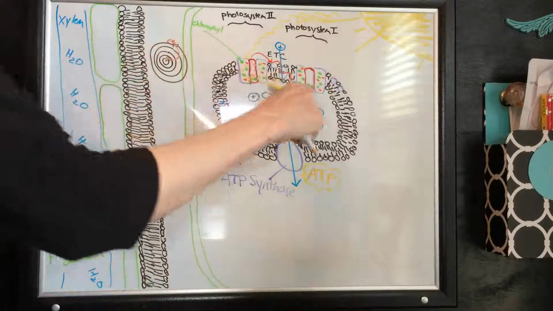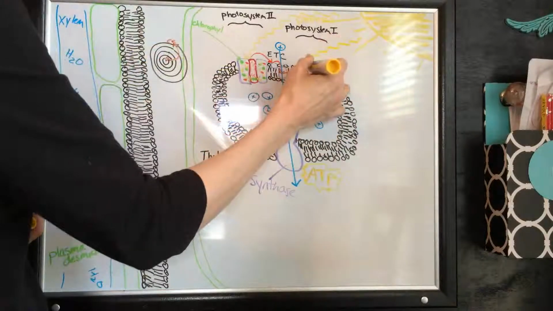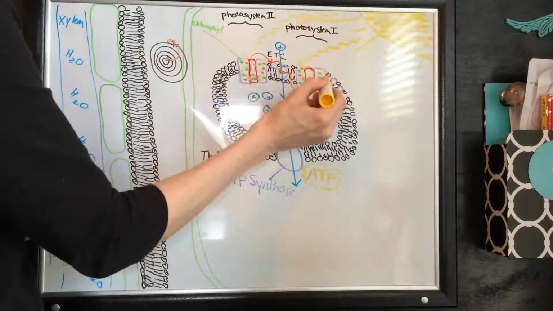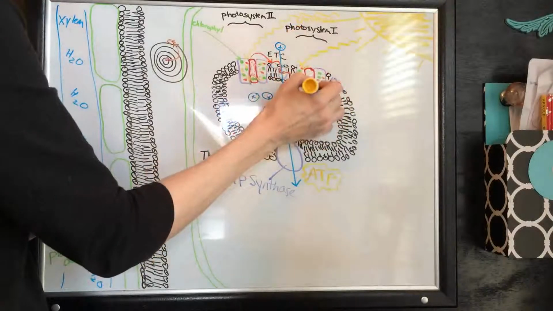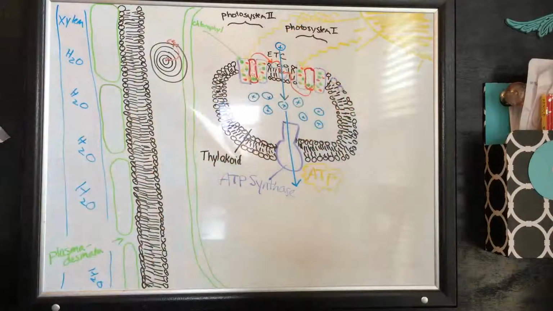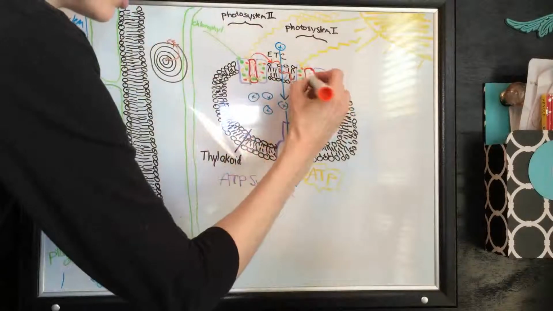Okay, so the same process happens in photosystem 1. So we have photons that are coming in, exciting these chlorophyll molecules. They're all bouncing that energy around. They all pass it to the middle, just like before, and boom, 2 electrons jump out again.